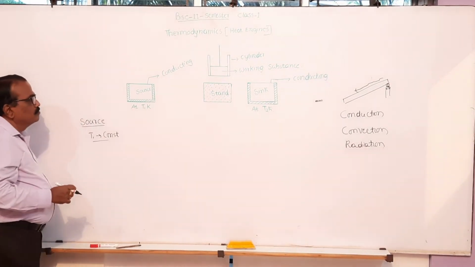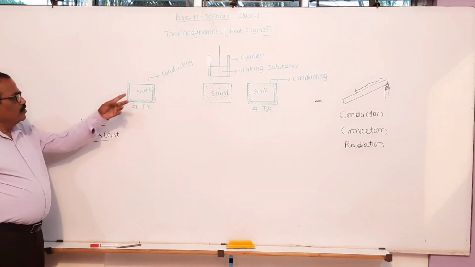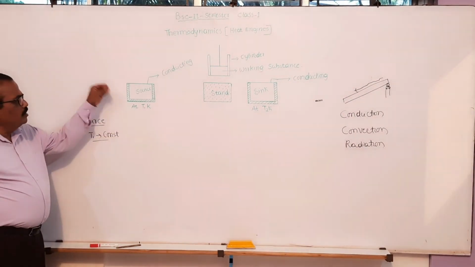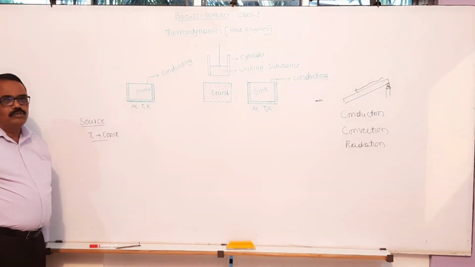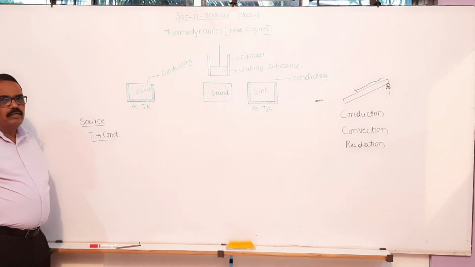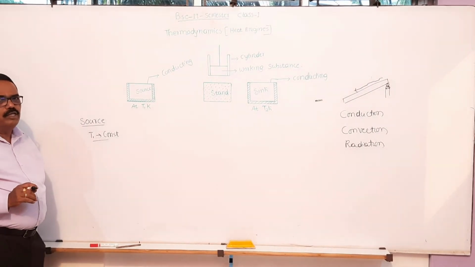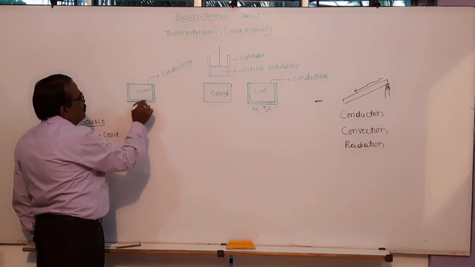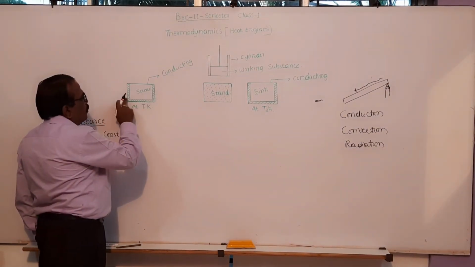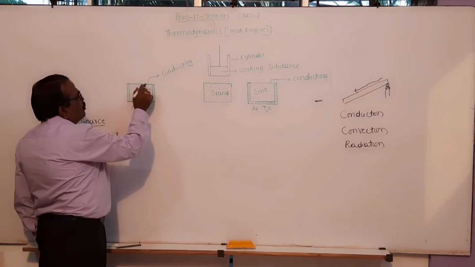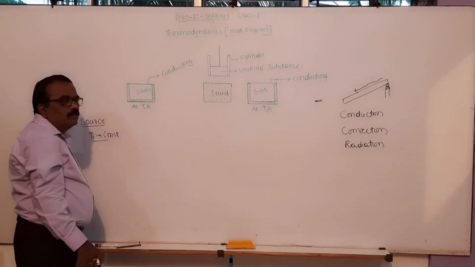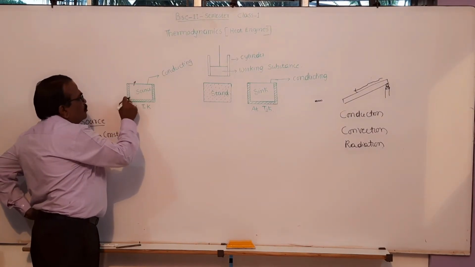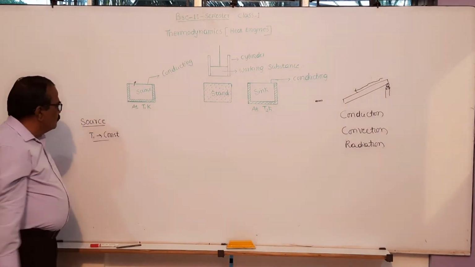If any amount of heat is taken from this source, the temperature does not change. It is provided with 3 insulating walls and the top surface is conducting. That means heat can flow only through the top, not through the 3 sides.